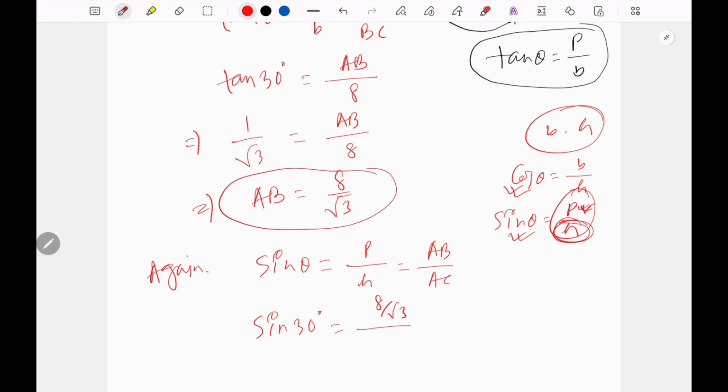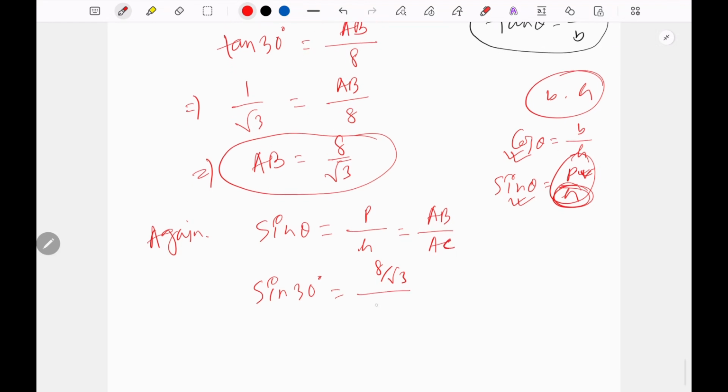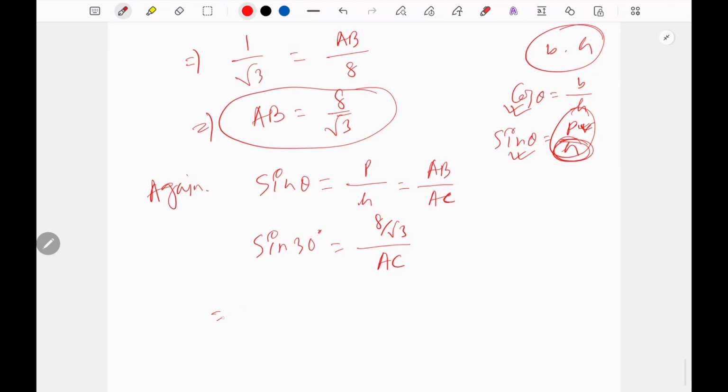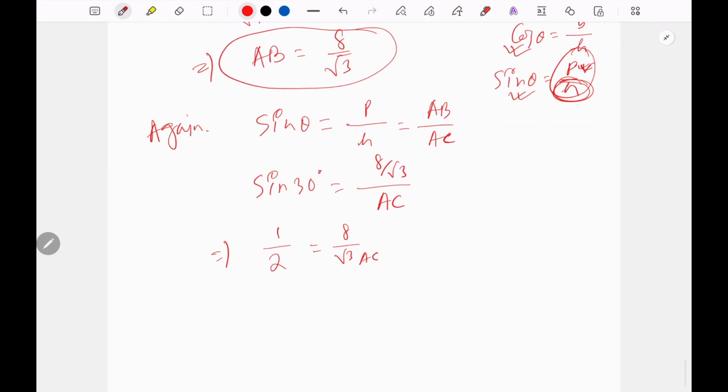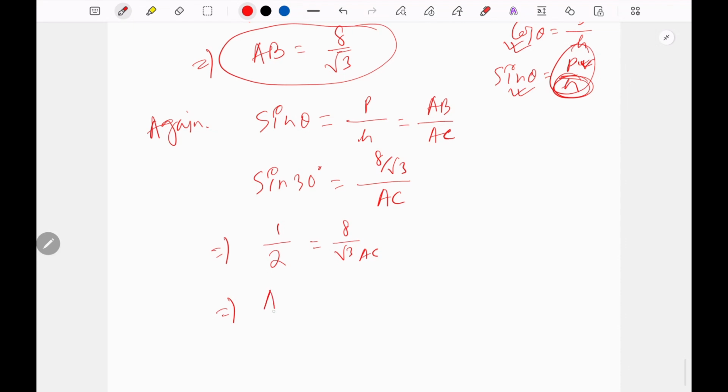We just found the value of AB, and we need to find AC. So sine of 30 degree is 1 by 2, and this is 8 by root 3 over AC. So from here we can find AC equals 2 into 8, 16 by root 3.